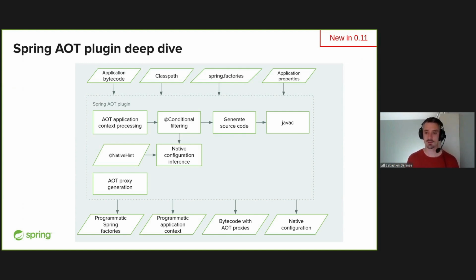We then compile that generated source code with Javac, and we are also doing this AOT proxy generation at build time. The output of what the plugin is generating are the programmatic Spring factories, the programmatic application context, the bytecode with AOT proxies, and the native configuration.